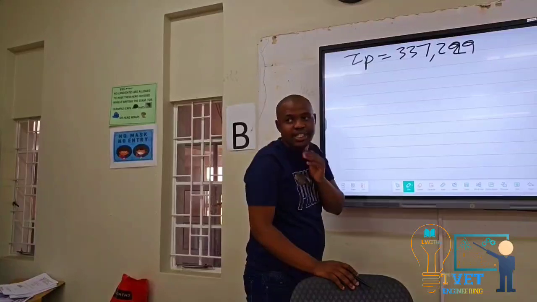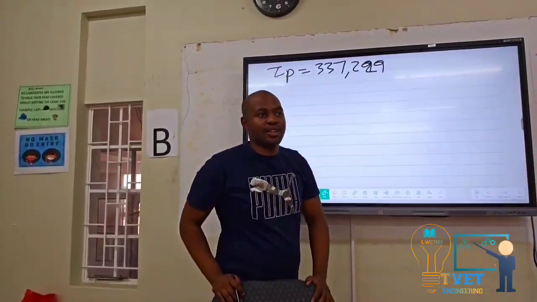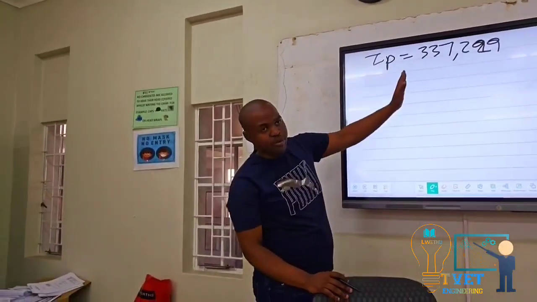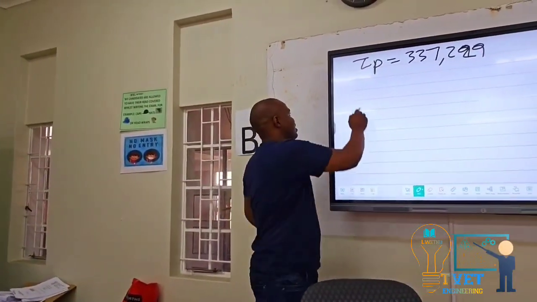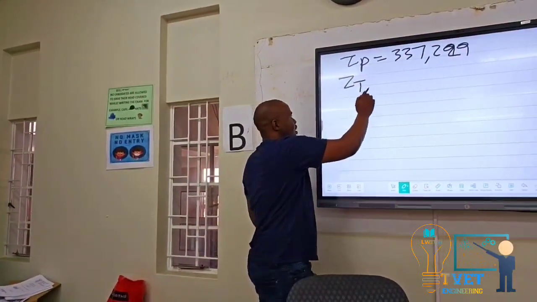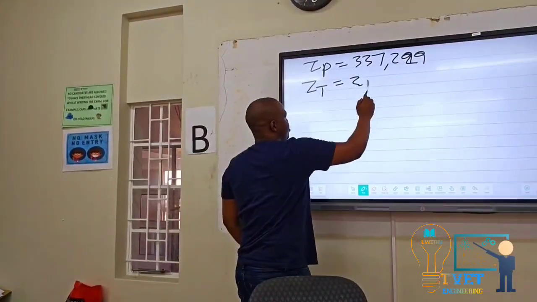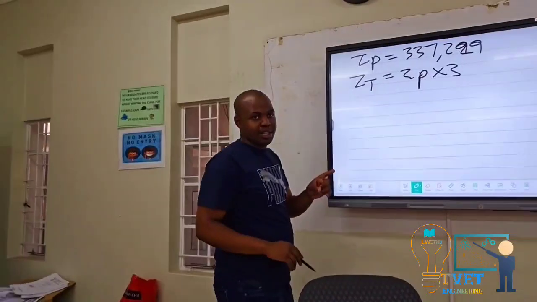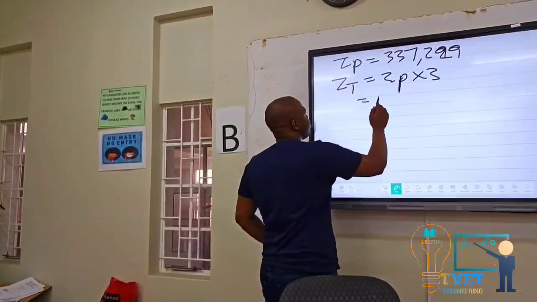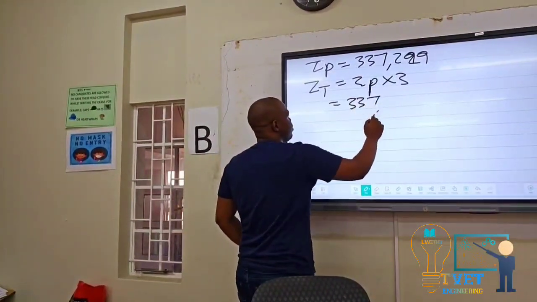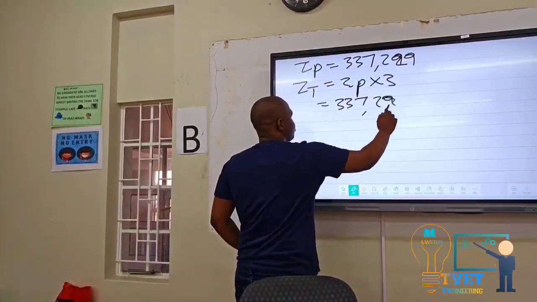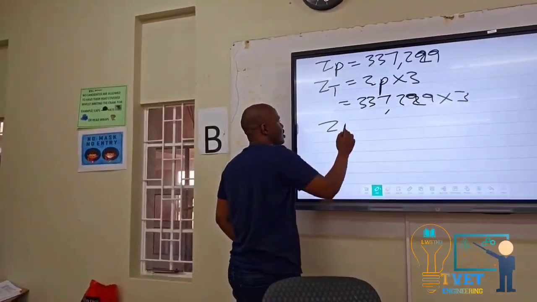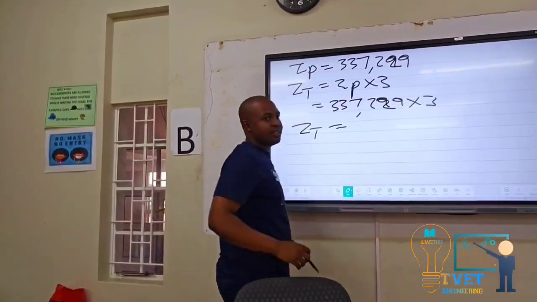That is the conductors per phase. That means in order to get the total conductors, I need to multiply the conductors per phase by the number of phases, by 3. So it is 337,229 times 3. That is the total number of conductors.